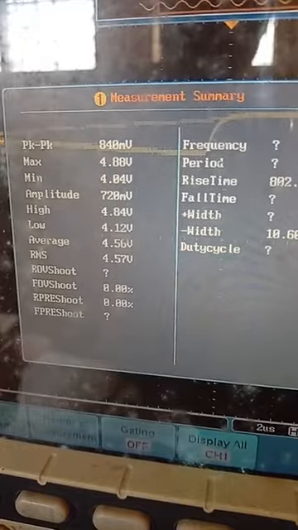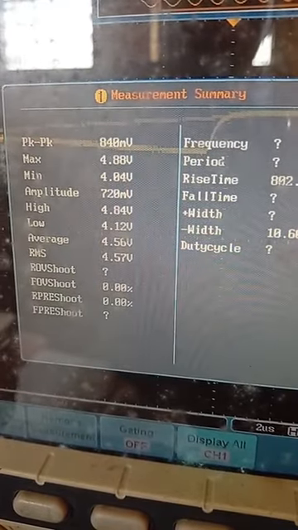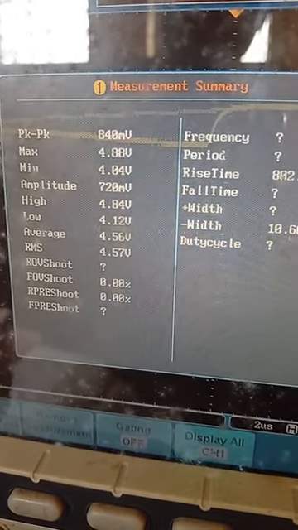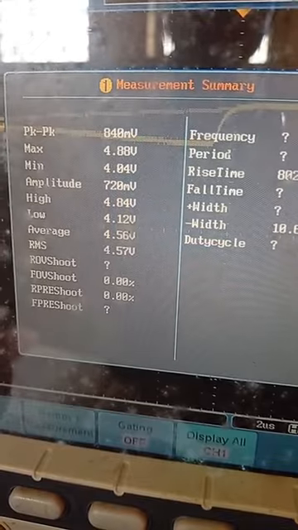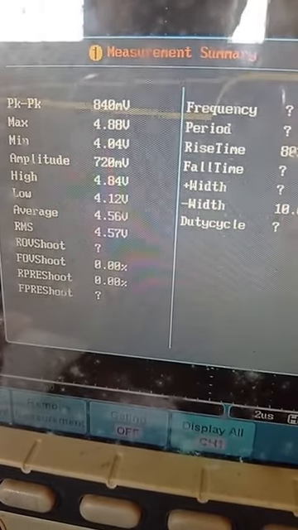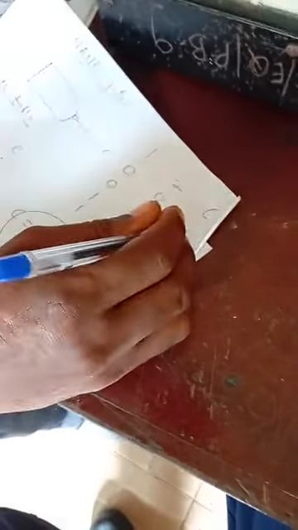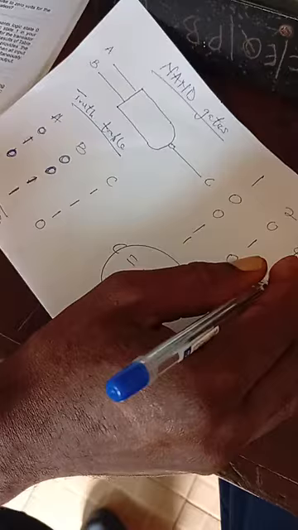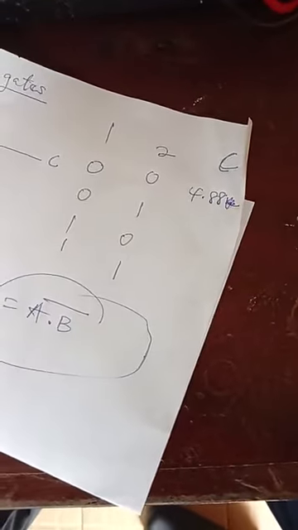We want to see the voltage. We have maximum and minimum amplitude, but the maximum value of voltage is what we need, which is 4.88 volts. So we have 4.88 volts at our output when both switches are at 0.